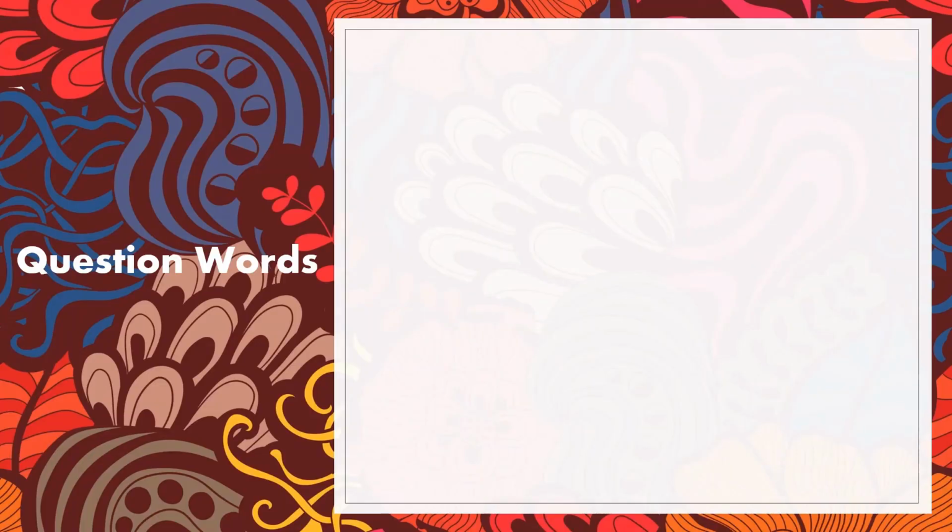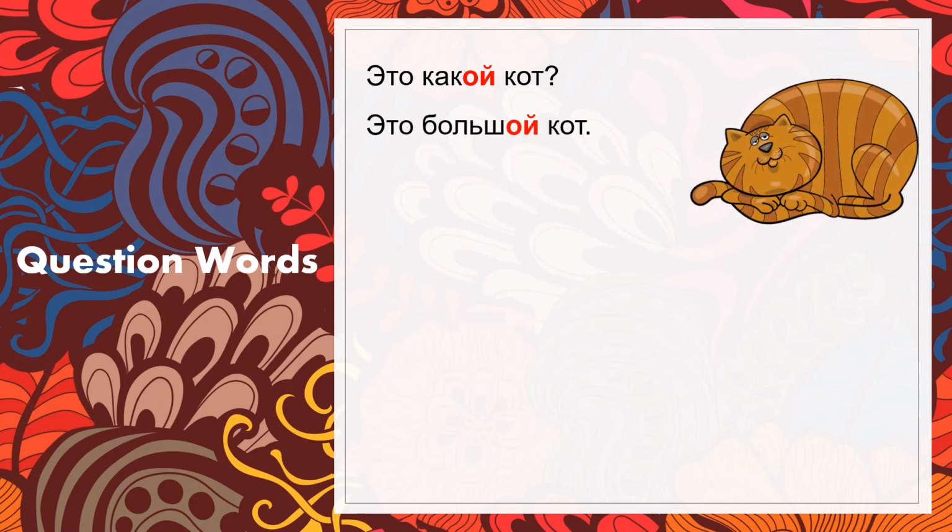Now don't worry, this is going to be very easy because the question words use the same endings as the adjectives do. So, это какой кот? This is which cat, or what kind of cat? Это большой кот. So you should already remember какой, you've seen that before.